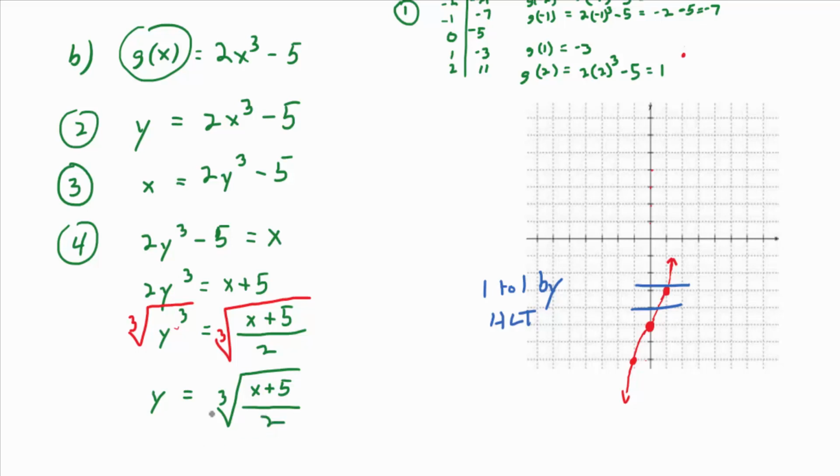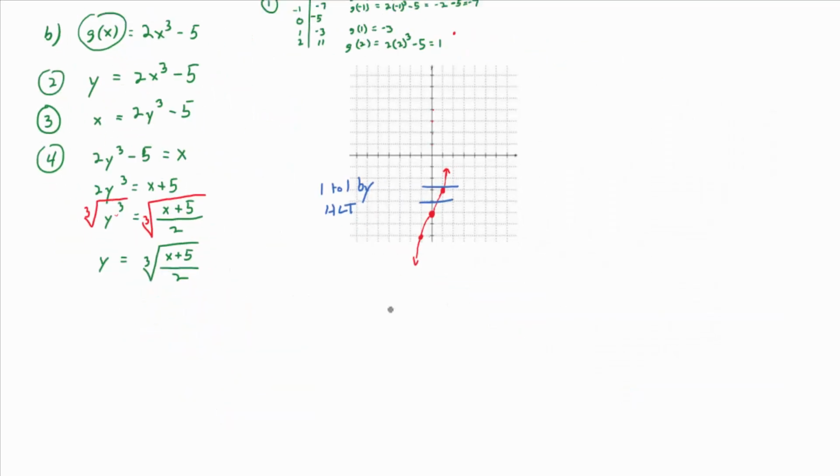But what was the final step I asked you to do? Replace what with what? In the last problem, the original function was called f, and we replaced y with f inverse at the end. Here, the original function is g, so we're going to replace y with g inverse.